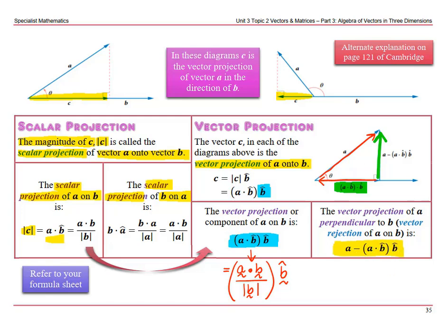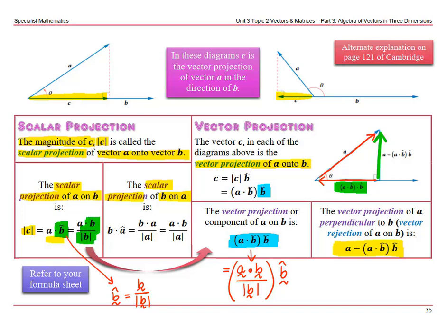Now, just to clarify with our formula, if we look at the scalar projection of A on B, you have A dot the unit vector of B. Remember that the unit vector of B is equal to B over the magnitude of B. So that's where the next formula comes from.